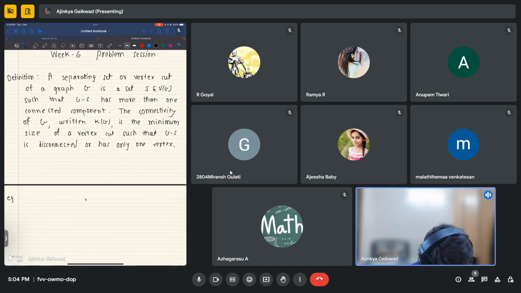Let's say we have a graph G which looks something like this.